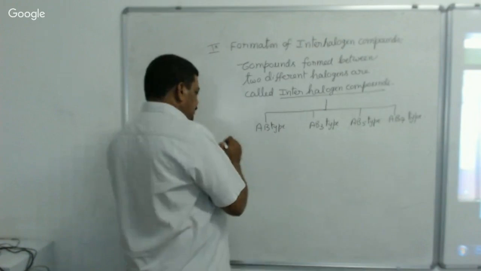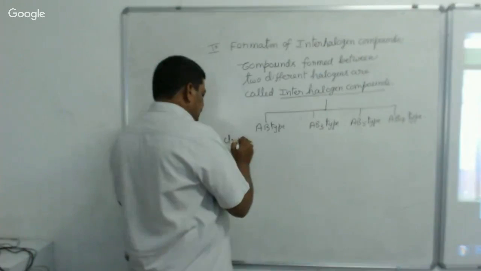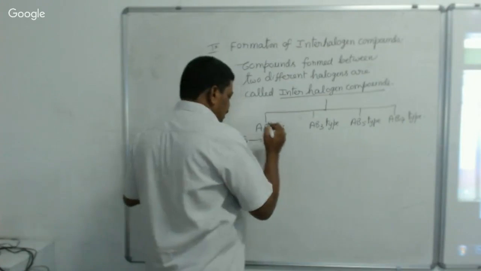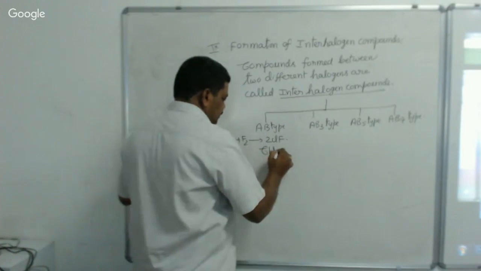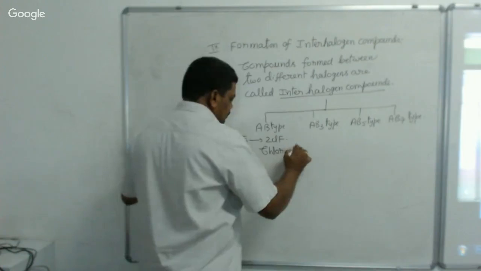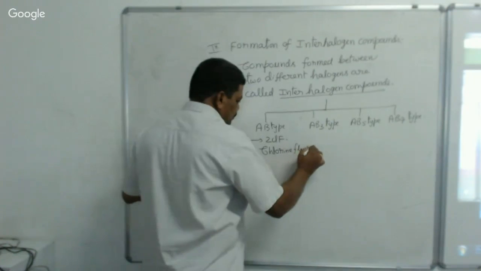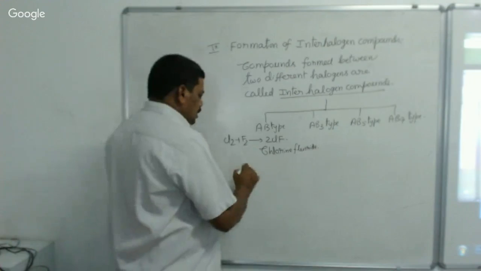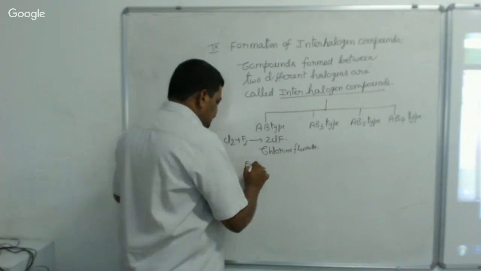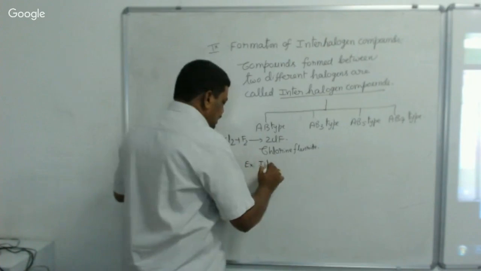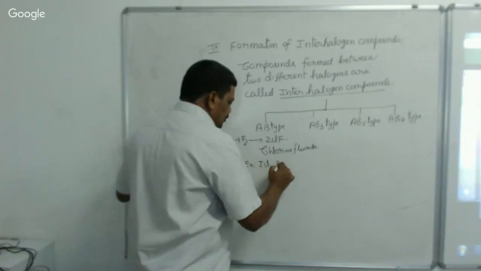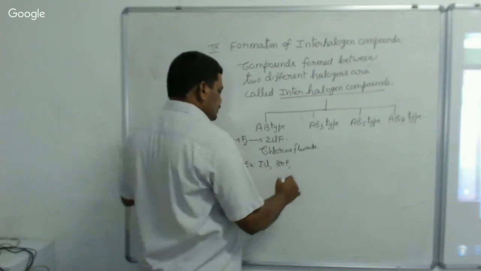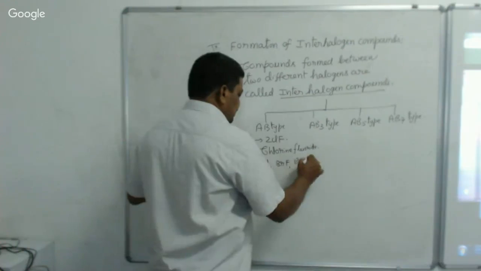In AB type, if we react chlorine plus fluorine, we get chlorine fluoride. Like that, we can give other examples. ICl, BrF, bromine fluoride, BrCl, etc.